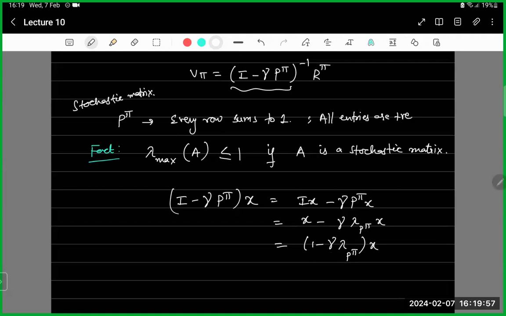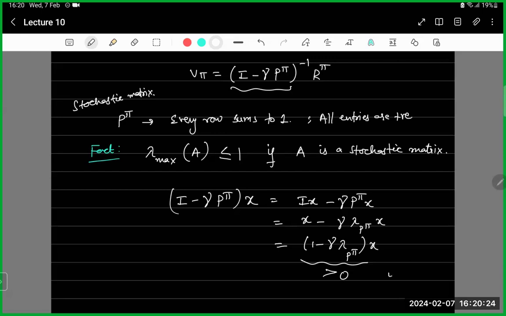Any eigenvalue of P pi is less than 1, right? And if we choose gamma to be less than 1, then what can we say about this? Because gamma is less than 1 and lambda P pi is also less than 1, so 1 minus that will be positive.